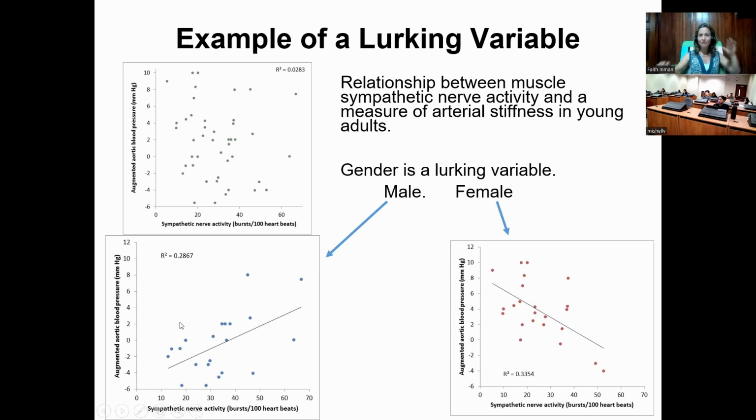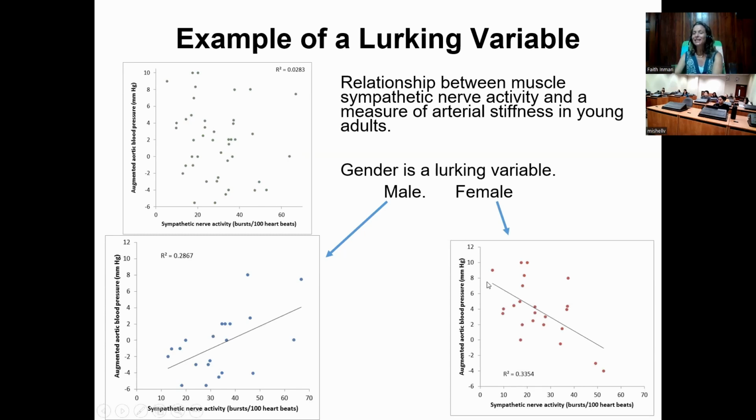So if you take males and females and you graph them separately, you put males over here, and of course they put that in blue dots, and you put the sympathetic nerve activity and augmented aortic blood pressure, you can see now that there's a moderate positive relationship between these two variables, and that sympathetic nerve activity actually explains about 29% of the variation in augmented aortic blood pressure. Whereas for females, the relationship is opposite.